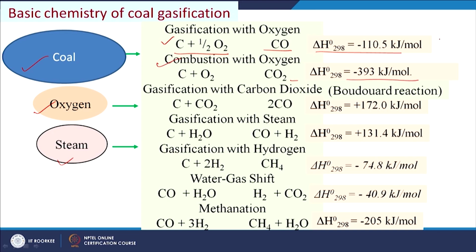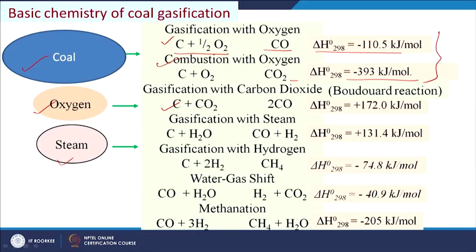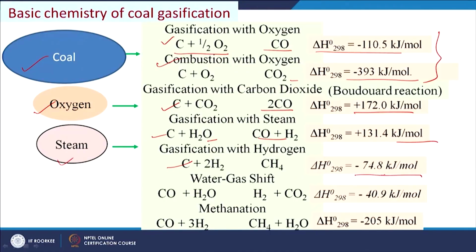So, these two reactions are exothermic reactions which provide us heat which is required for other reactions, say gasification with carbon dioxide, C plus CO2 gives 2 CO, this is an endothermic reaction, and C plus H2O will also give us CO plus H2, again an endothermic reaction. Gasification with hydrogen is an exothermic reaction, but this heat is very less.